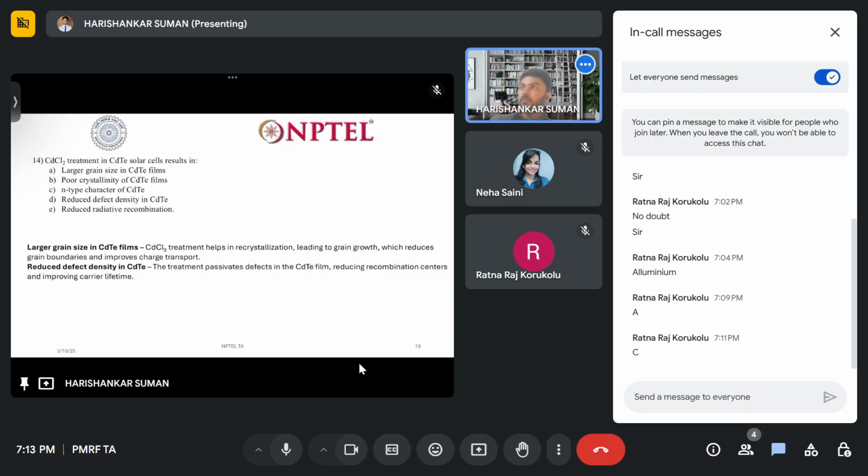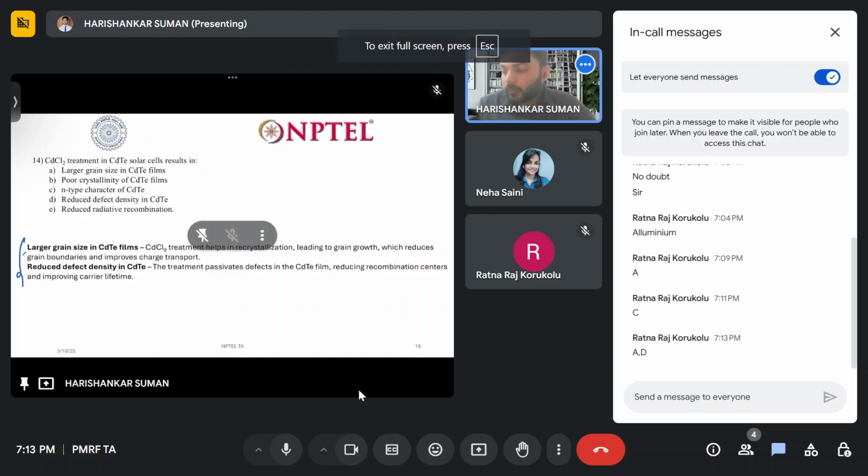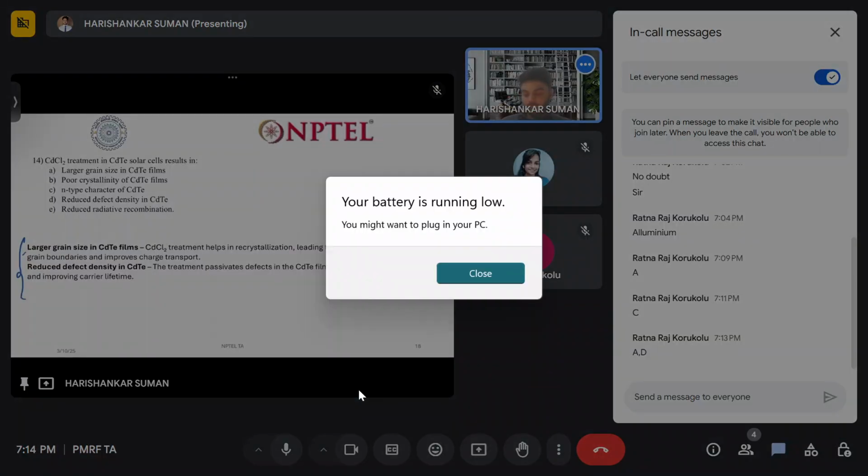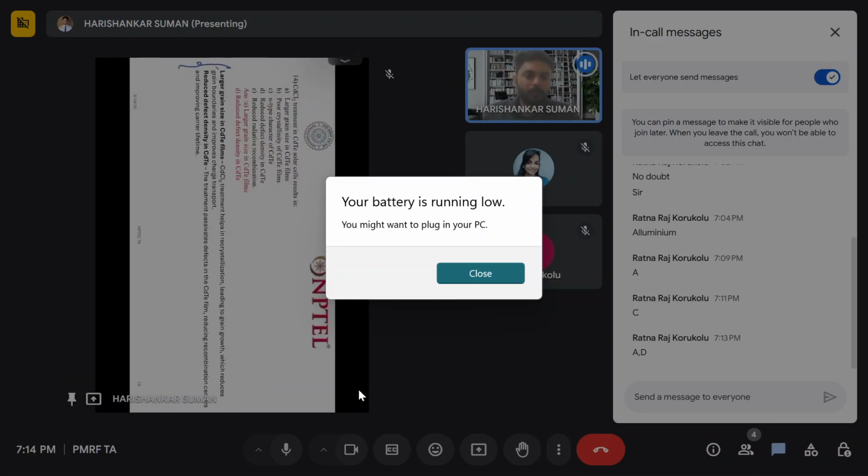Next question: cadmium chloride treatment in a cadmium telluride solar cell results in what? Which option is correct? You can see the explanation also. Choose your right option. Yes, please. D. Yeah, your answer is correct.